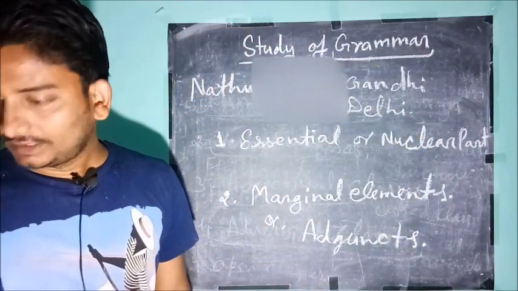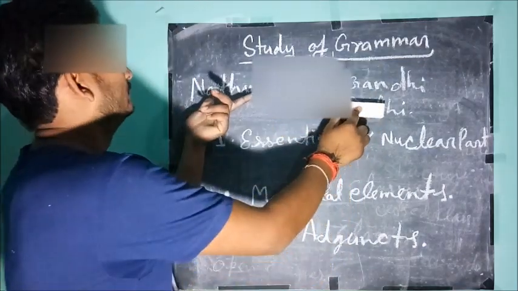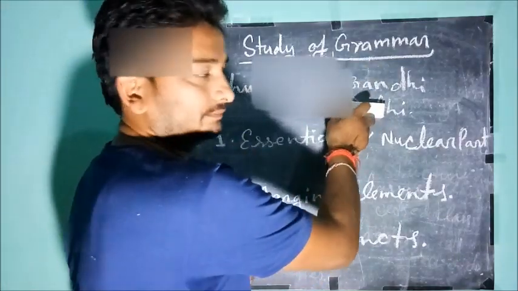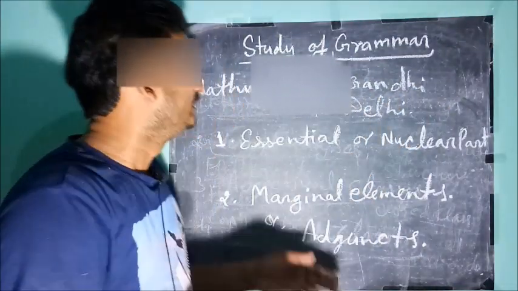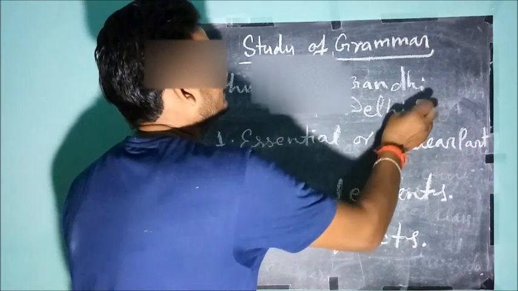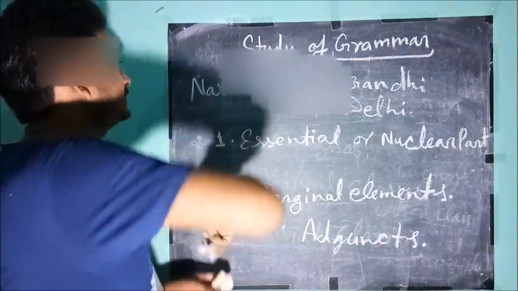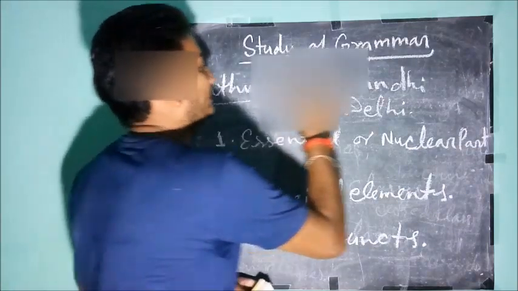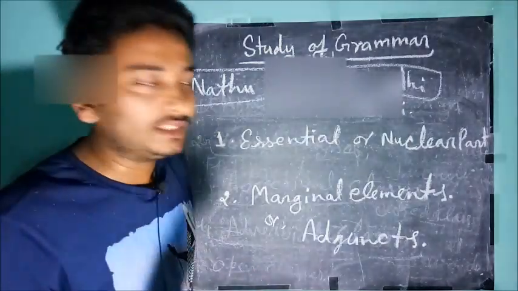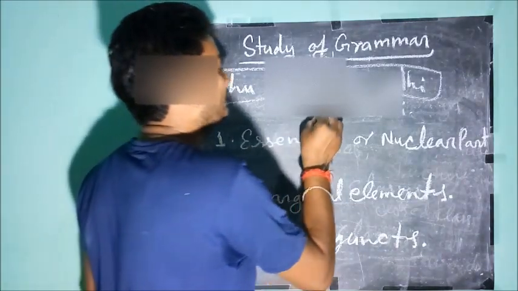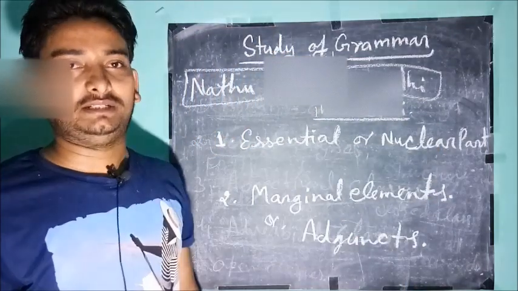Suppose I have written just Nathu killed Gandhi; it is sufficient and complete in its meaning whether we have written in Delhi or not. This part, Nathu killed Gandhi, is the nuclear or essential part of the sentence, and in Delhi is the adjunct or marginal element.